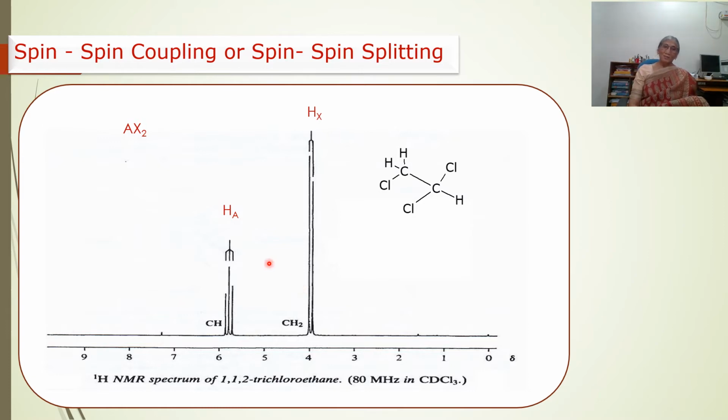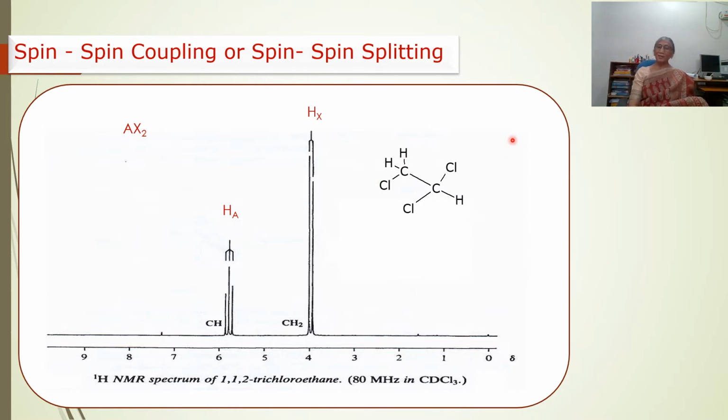Now see, the signal because of the methylene proton splits up into two peaks. The neighbor of the methylene proton is only one proton, and therefore it splits up into two peaks. Whereas the signal from the methine proton splits up into three peaks because the methine proton has two neighbors.